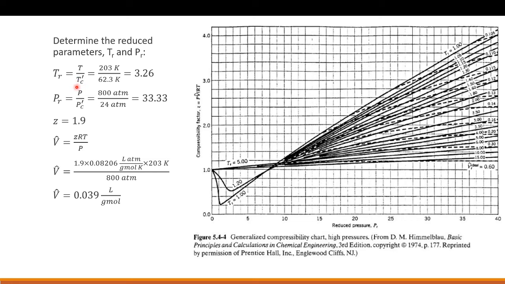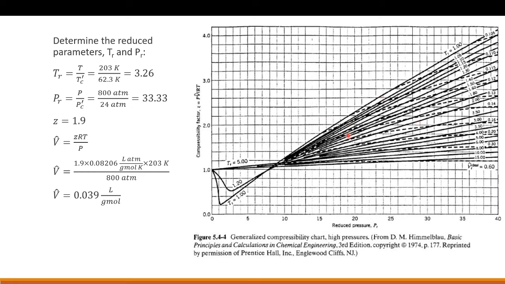So we have to take note of this. Same thing goes for PR, the reduced pressure. We take P divided by the critical pressure of the mixture. So TR, after we calculated it, is 3.26, and the PR, the reduced pressure, is 33.33.